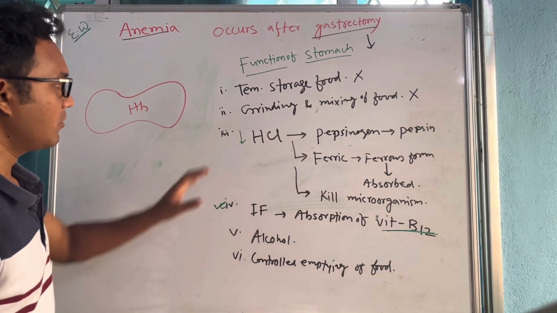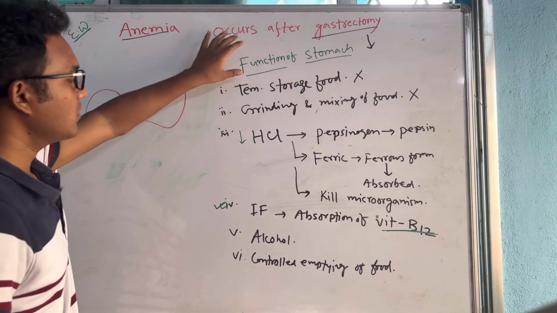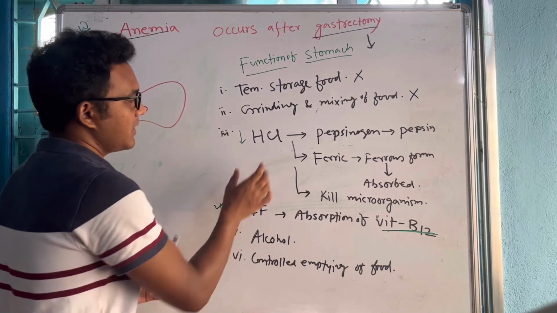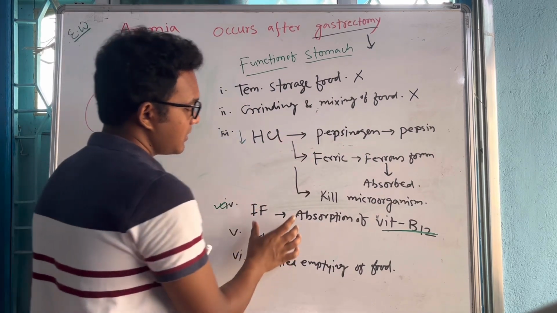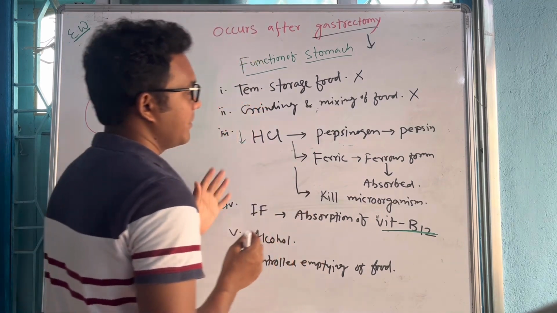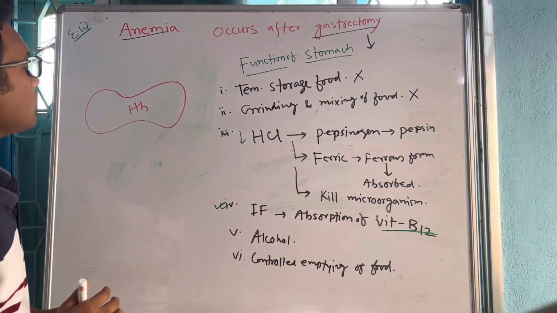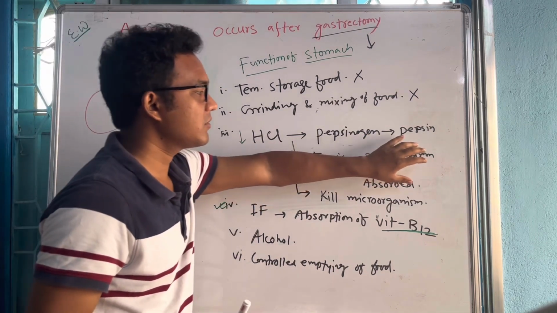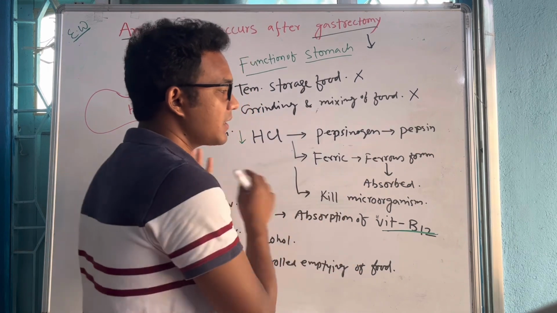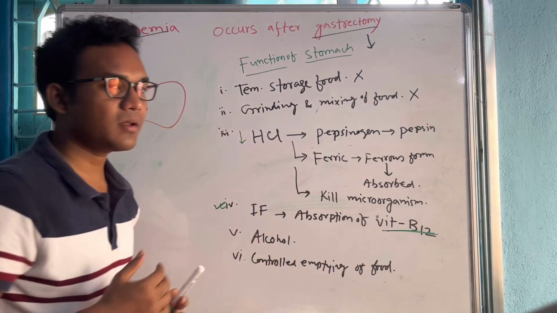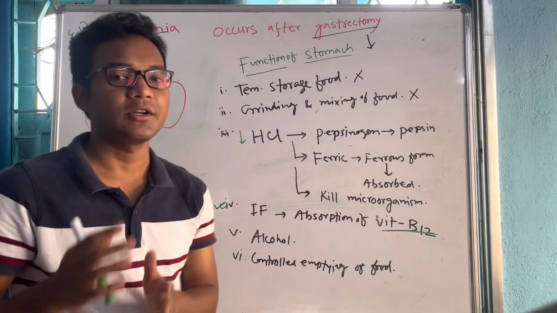So we have come to know that if there is partial or total gastrectomy, there is decreased HCl secretion and decreased intrinsic factor, which leads to anemia. So what kind of anemia will we see? If there is decreased iron absorption, there will be one kind of anemia, and if there is decreased vitamin B12 absorption, there will be another kind of anemia.